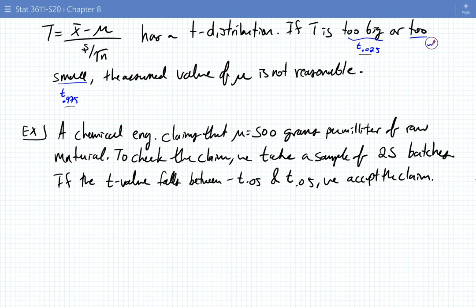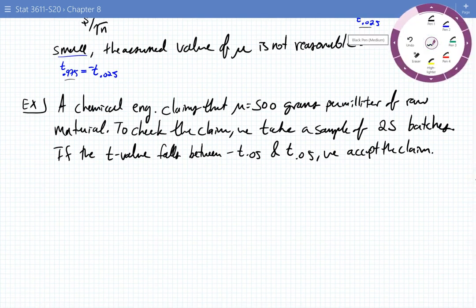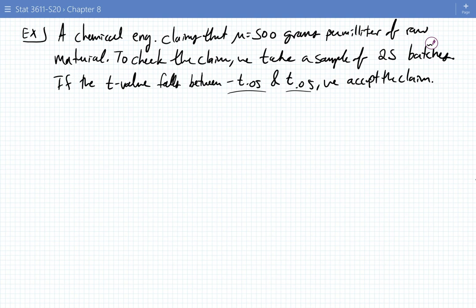But because the t-distribution is symmetric, this is equal to the negative of t of 0.025. So when in doubt, we can use those values. In this case, we've got a little bit more wiggle room. This problem is suggesting 5% to the right and 5% to the left. That would be a 90% acceptance.